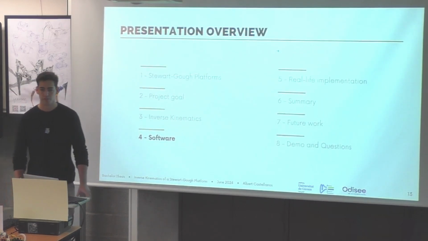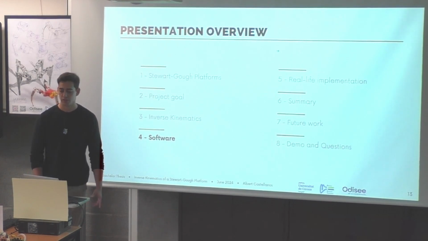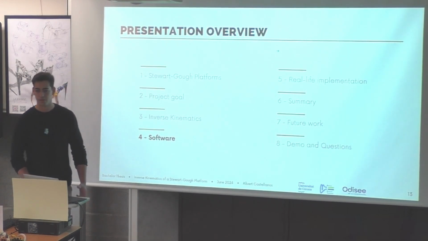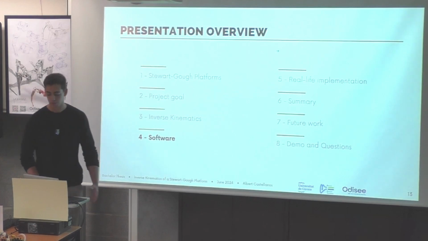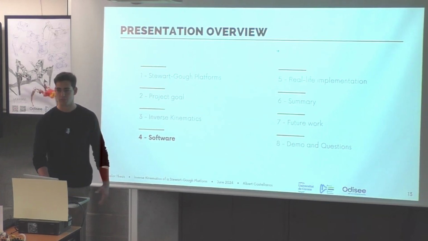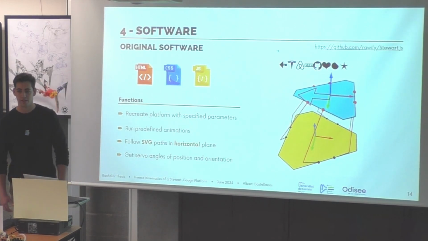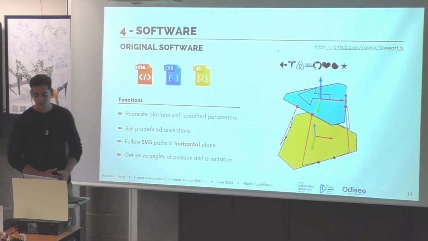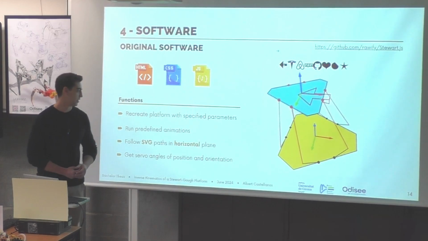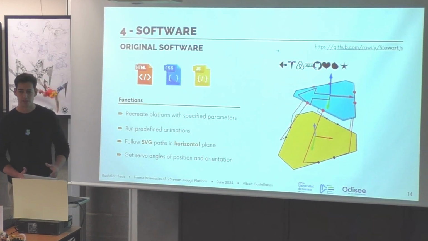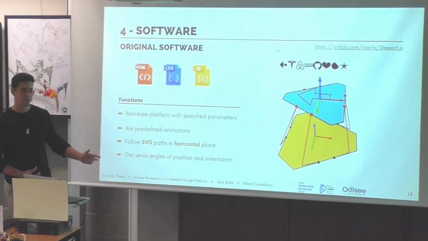Now, with the quaternions explained, this is all the theory that will be in the presentation. And now that the mathematical foundation is clear, allow me to get into the main section, which is the software part. So the original software is written in HTML, CSS, and JavaScript. And what it does is it recreates the platform with the specified parameters, but it can also run predefined animations.